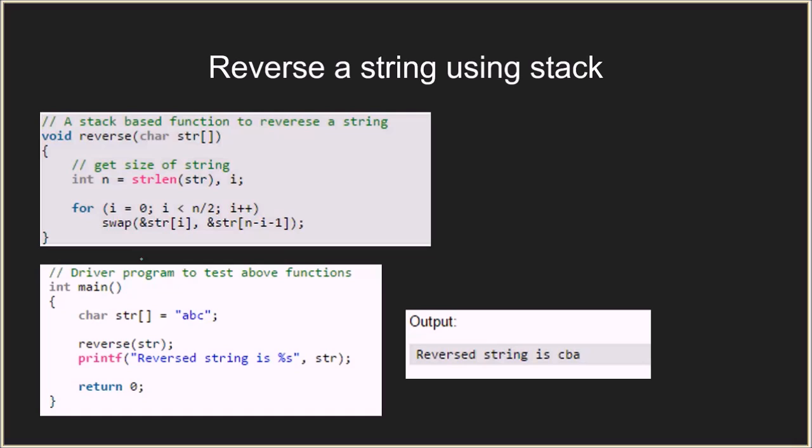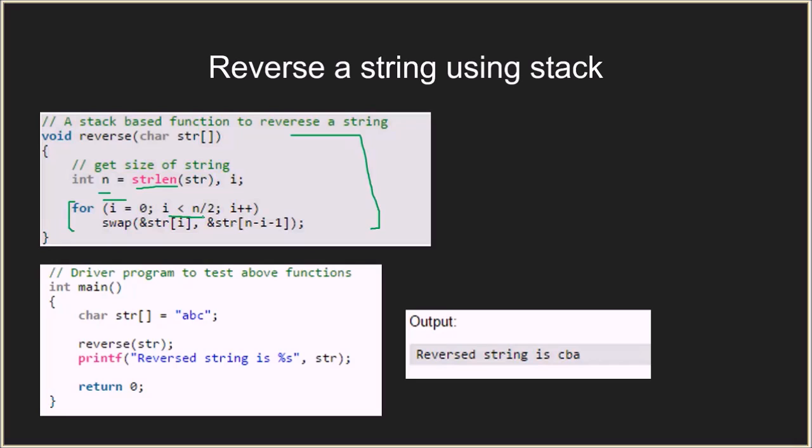So let's see the implementation of the reverse function here. You first of all get the size of the string, which is the length of the string, inside the variable n, and then you run a loop from i equal to 0 to half the length of the string. Which means that the condition here would be i is less than n by 2.